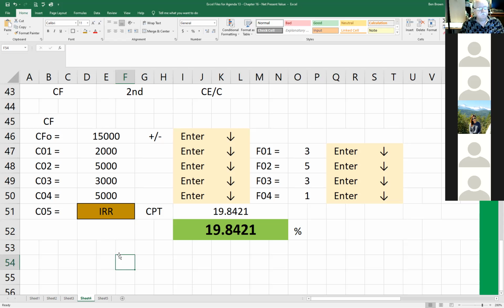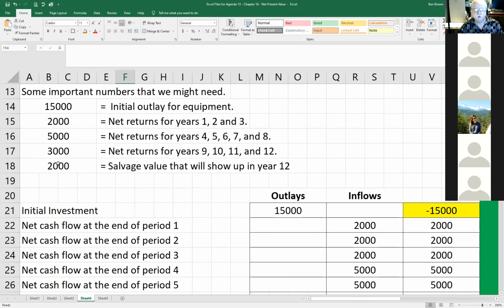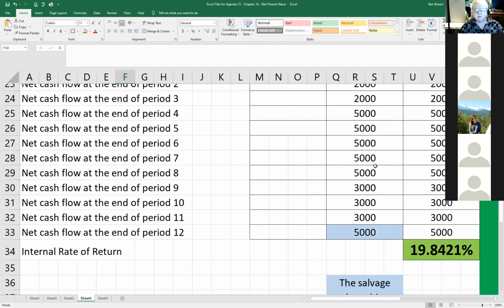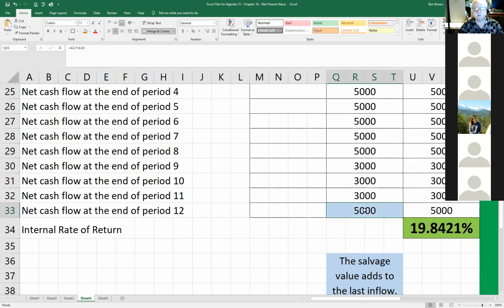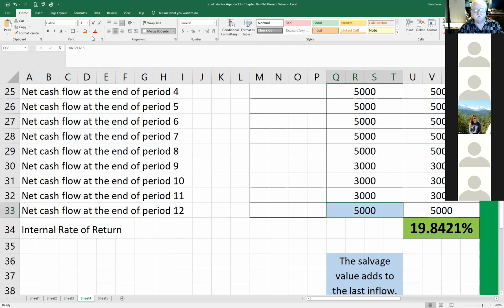Hey, Mr. Brown, could you explain again why the frequency for 3,000 and 5,000 is 3 and 1? I got it for 2,000 and 5,000, but not for the third and fourth. Let's go back up here to where we started. The 3,000, the net returns are for year 9, 10, 11, and 12. So that would be 4, right? But the last one is adjusted because of the $2,000 in the salvage value, right?